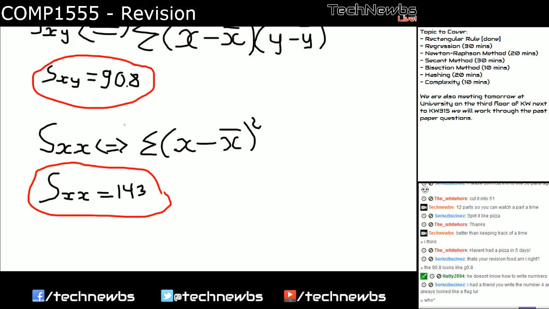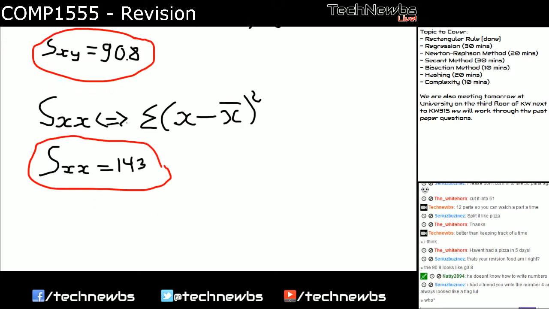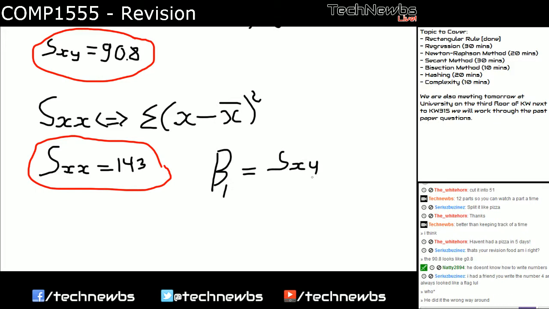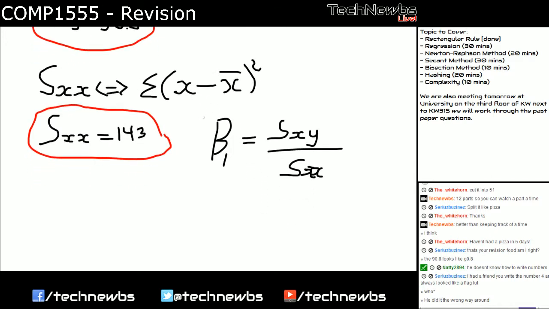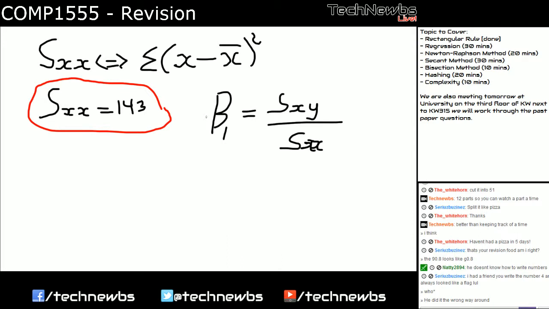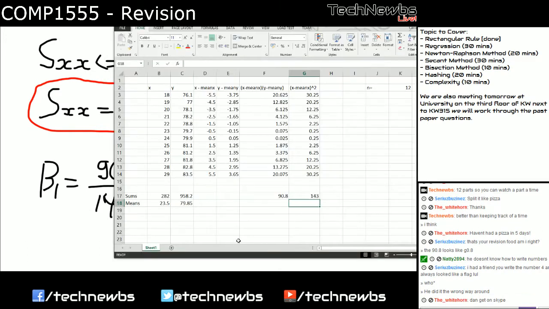Anyways, okay, so we have the values that we need to find B1. So remember, B1 is Sxy divided by Sxx. This is given to us on the formula sheet, but it's good to know it by heart anyway. So to find B1, you just do 90.8 over 143, and then you get your calculator.